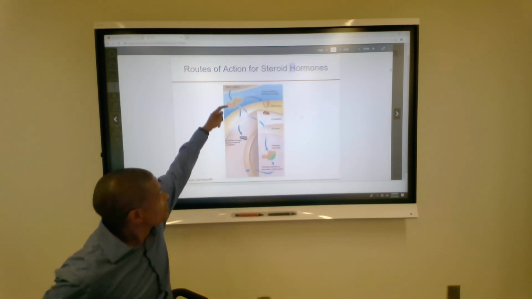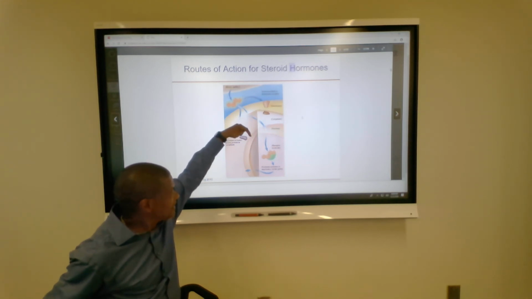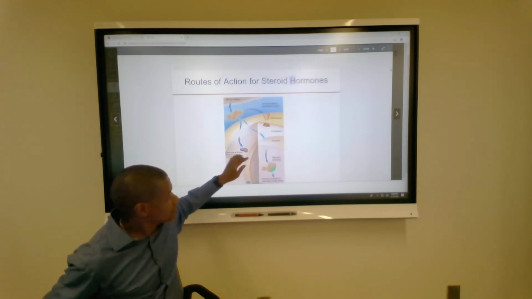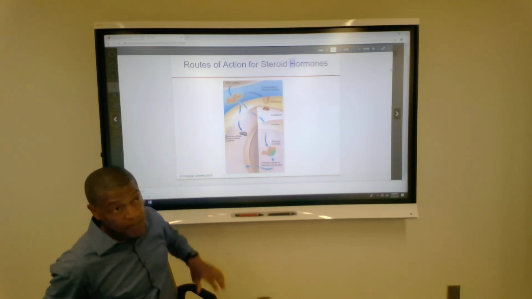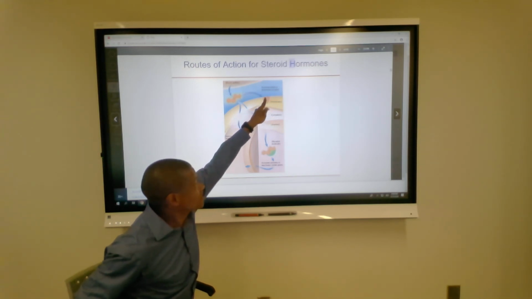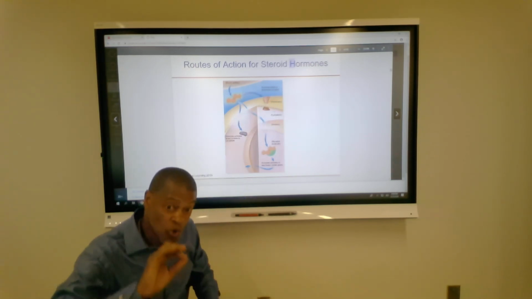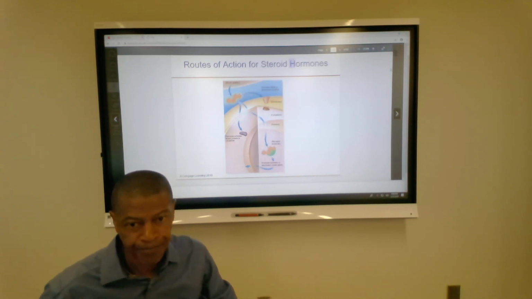So the genomic is actually getting into the cell. It's from the outside of the cell, the membrane, getting in and altering the nucleus, let's say, of the cell. Non-genomic may be on the outside, just affecting the receptor. So genomic or non-genomic, hormones can have very powerful effects in that context.